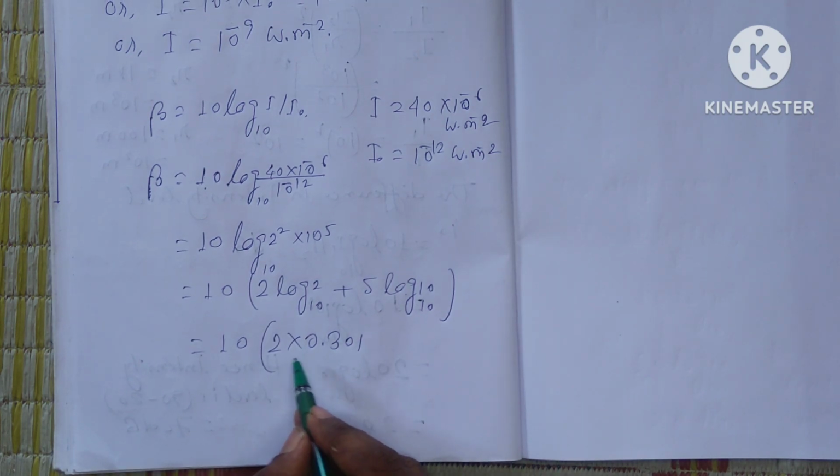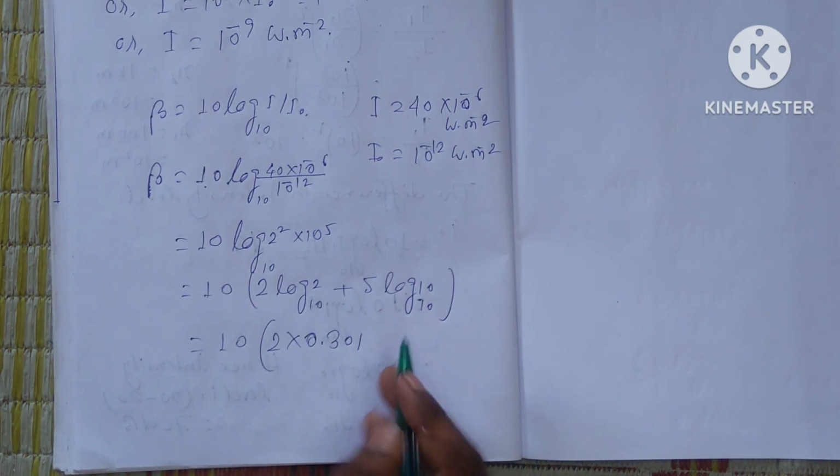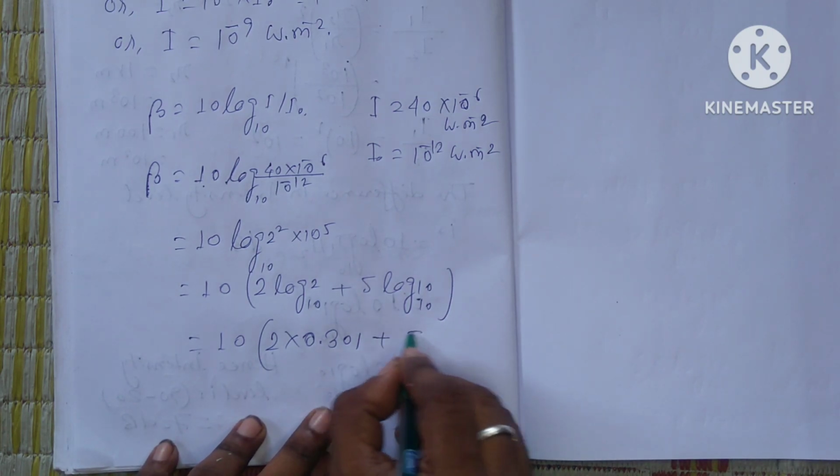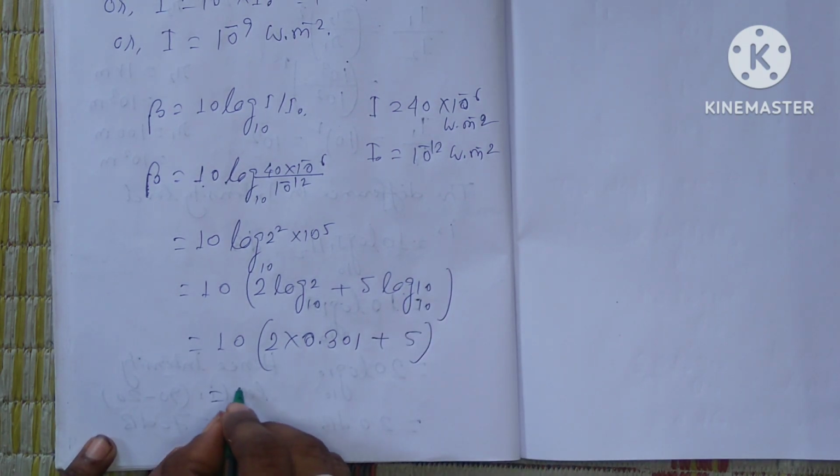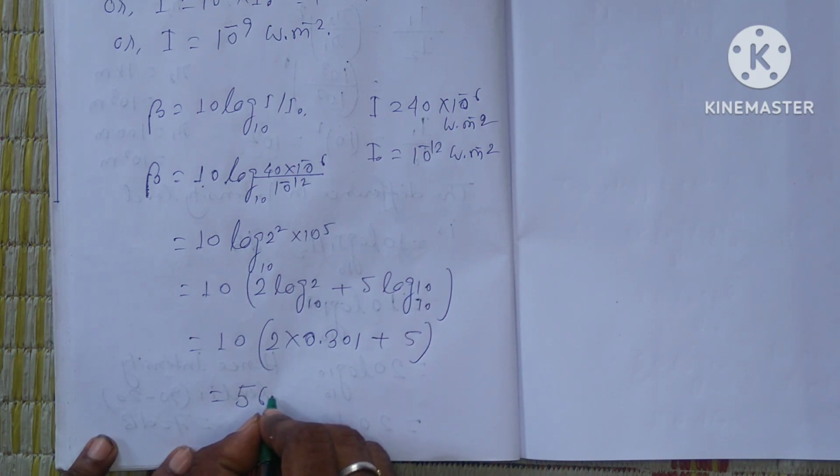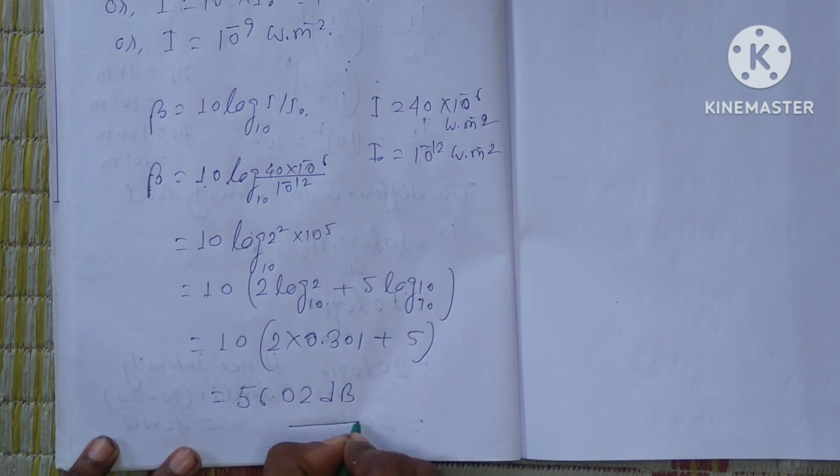So 2 into 0.301, this is plus 5, so that is 56.02 decibel.